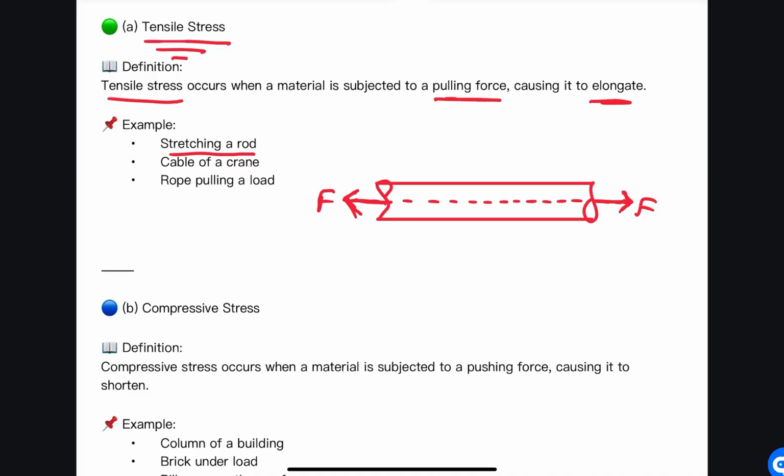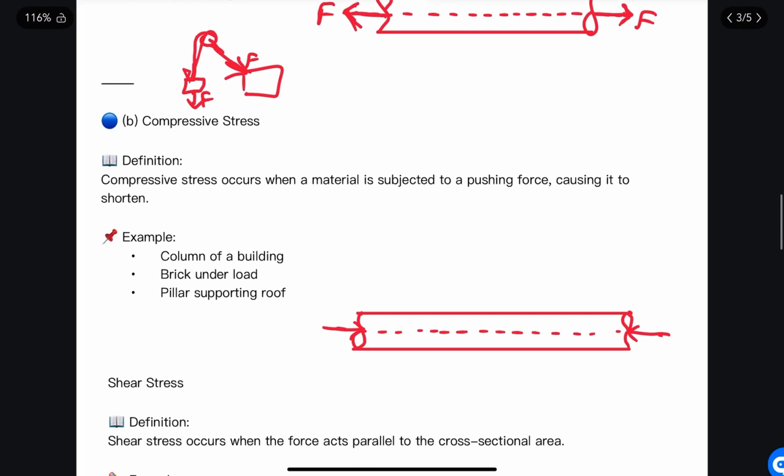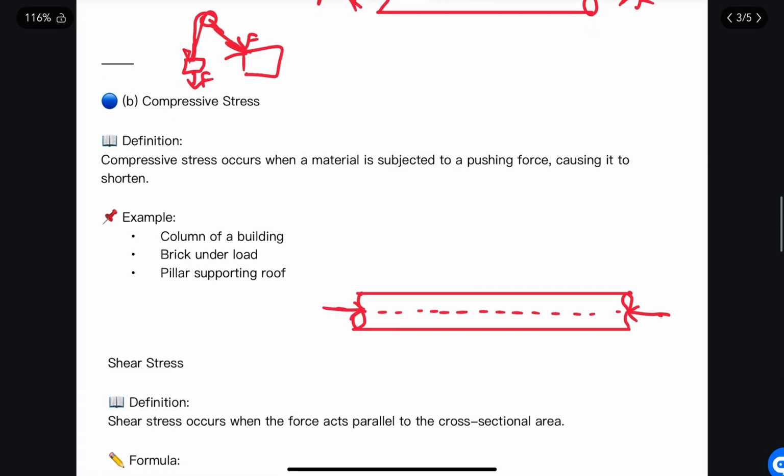The crane cable goes from here to here, and there is one force like this where we connect a load, and there is also the gravitational force in this direction. So there are two forces on the crane cable. Same with a rope pulling a load: there is tensile stress inside the rope.